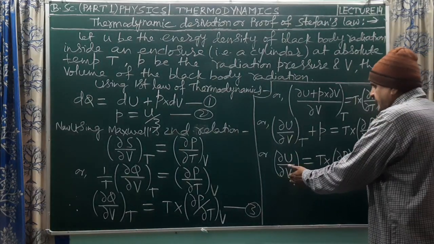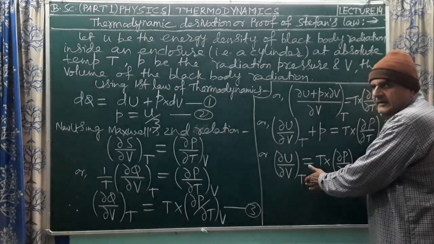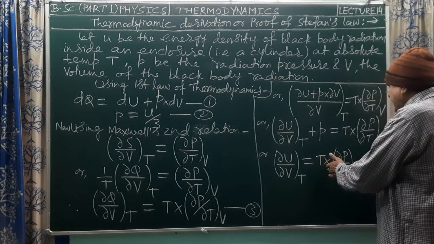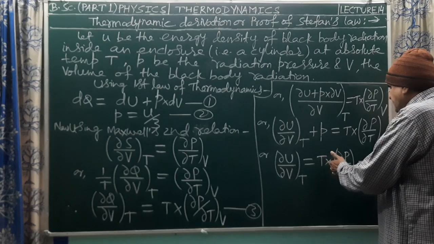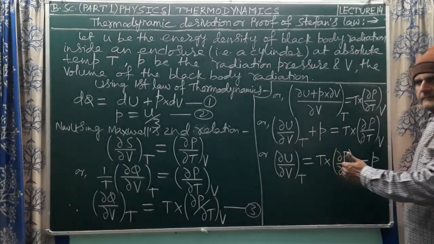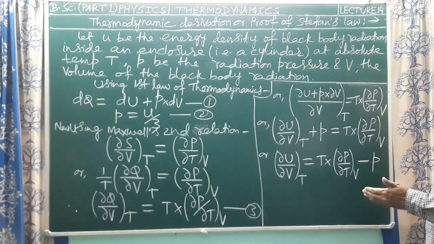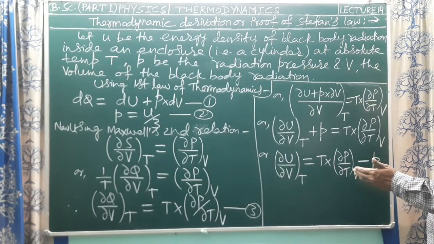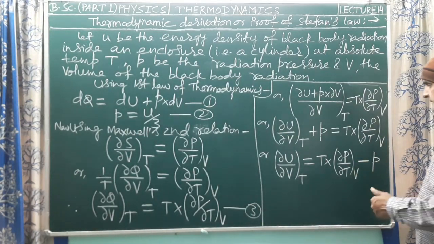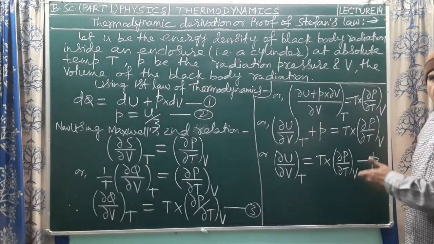Del U by del V at constant temperature T equals to T multiplied by del P upon del T at constant volume V minus P, where capital T is the absolute temperature of the interior, or the absolute temperature of the black body radiation or the interior of the enclosure.